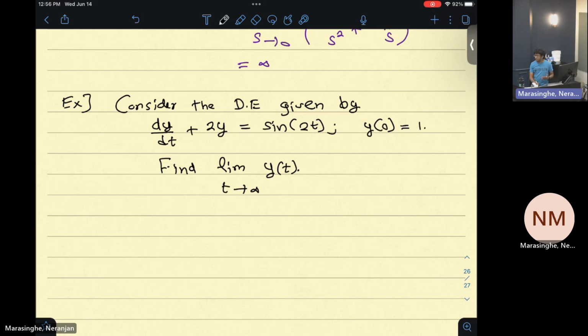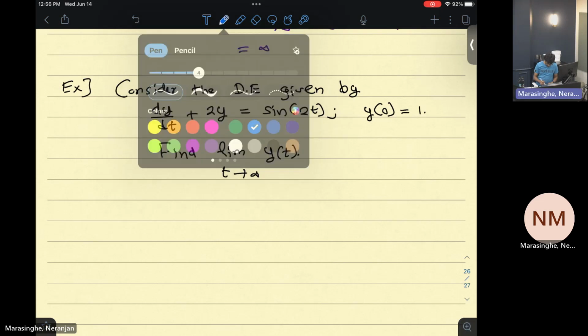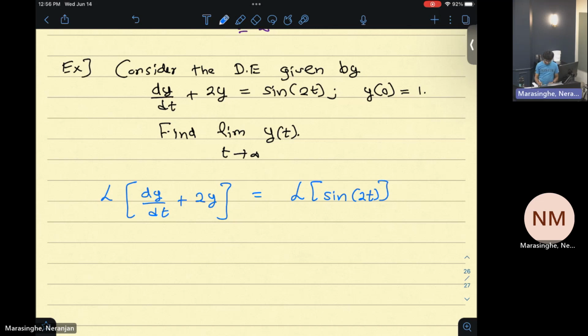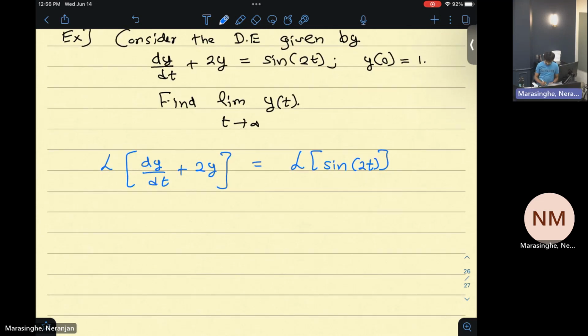Let's apply the Laplace transform to both sides, right? So what should you get after that? The Laplace transform of dy over dt plus 2y is equal to the Laplace transform of sine of 2t. Okay. And then use the linearity.